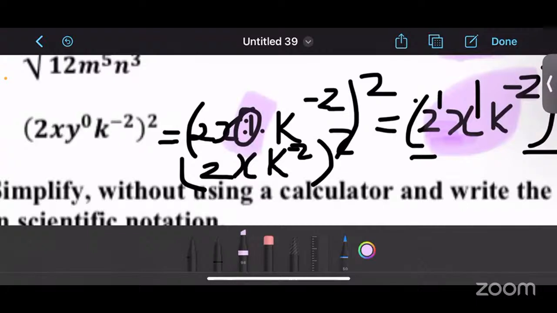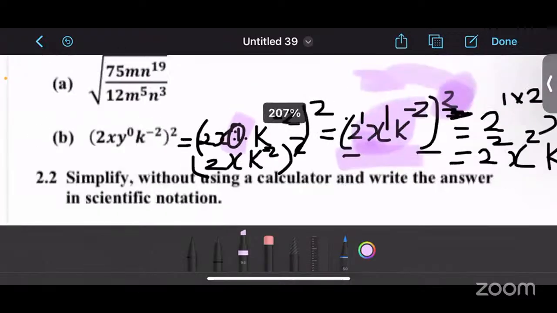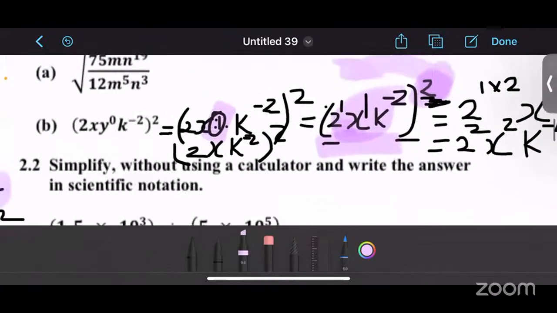I explained that anything to the power of 0 is equal to 1. That is why I'm having a 1 over there. That 1 is to show you that my y to the power of 0 changed into 1. And then in the next step, which is the second step over here, Grace, I said 1 multiplied by 2, 1 multiplied by x, 1 multiplied by k, because everything is multiplied by each other in here.